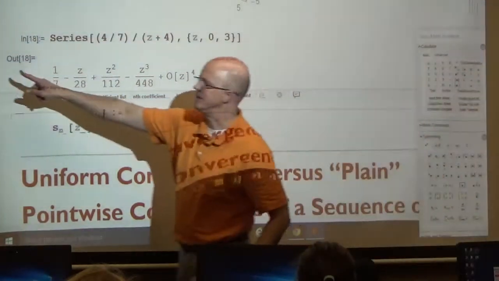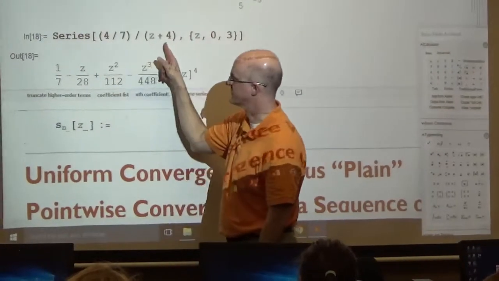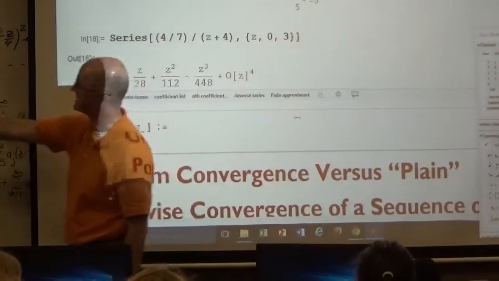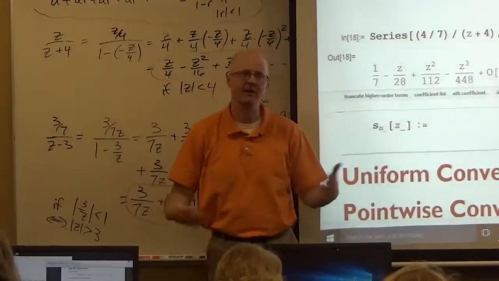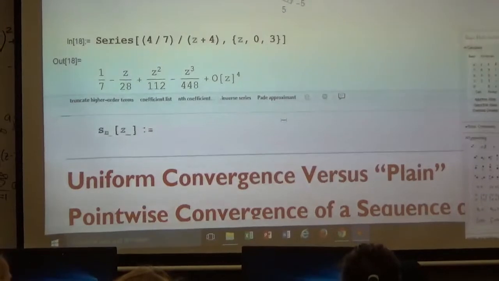Okay. And this is the series for 4 sevenths over z plus 4, which when added to 3 sevenths over z minus 3 was the original function. I'm going to add the series here.